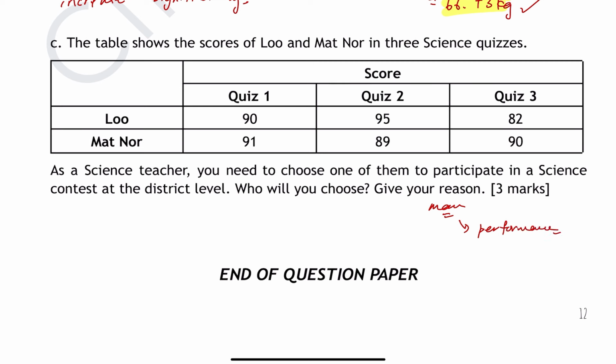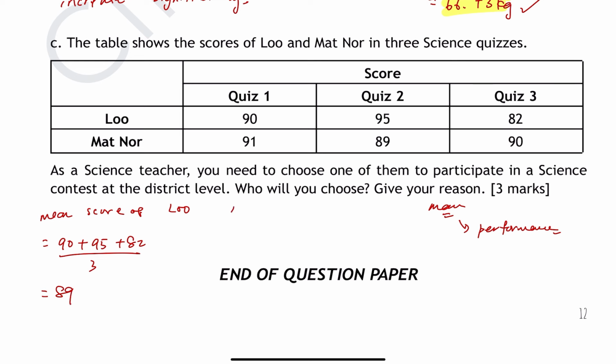Okay, so for mean score of Lu, you will have 90 plus 95 plus 82 over 3, because they are having 3 quizzes over here. So 90 plus 95 plus 82 over 3, you have 89, right, as the average.